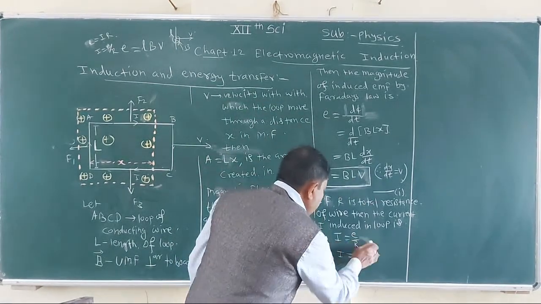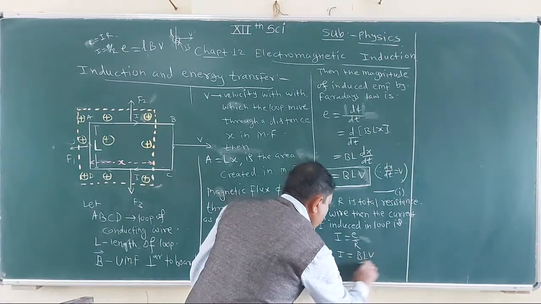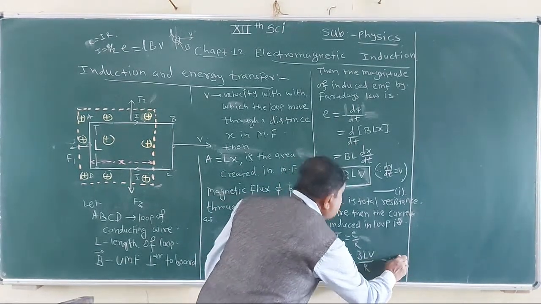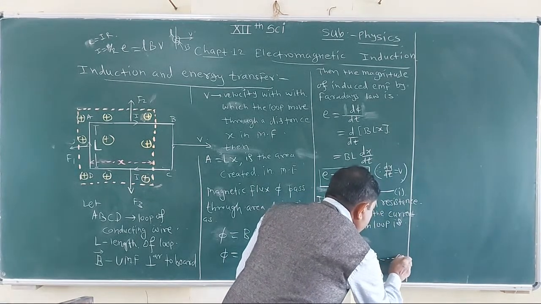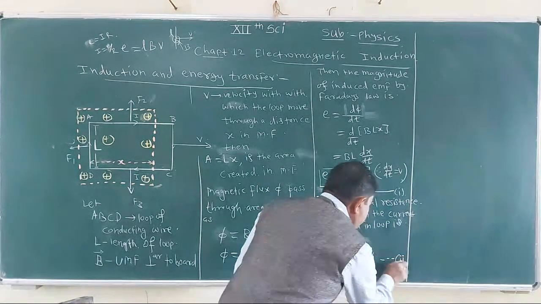BLV by R. BLV upon R. So this is giving equation number second.